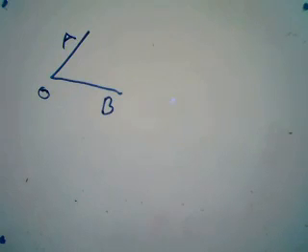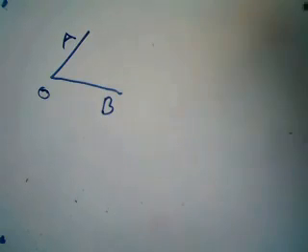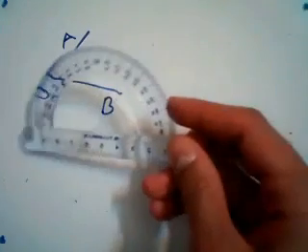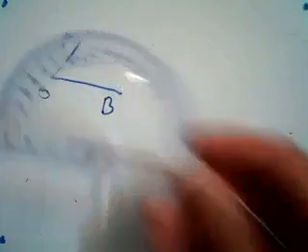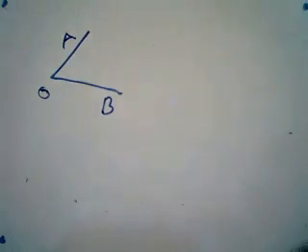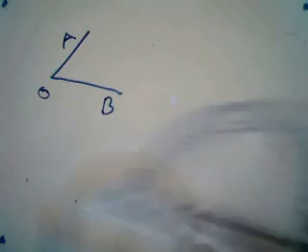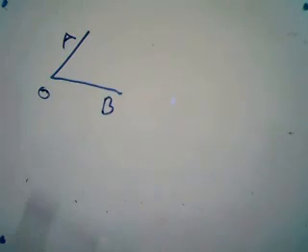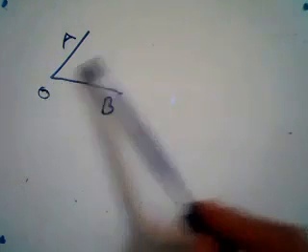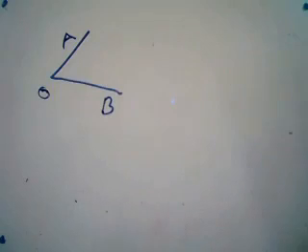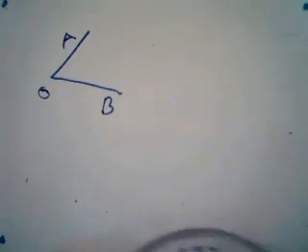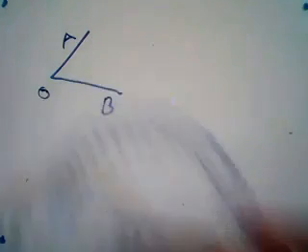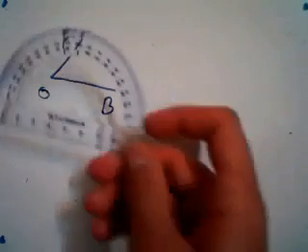One way is measuring the angle using the protractor, and then dividing it by 2. And bisecting means dividing it into 2 angles with equal magnitudes. So we could first measure this angle and divide it by 2.